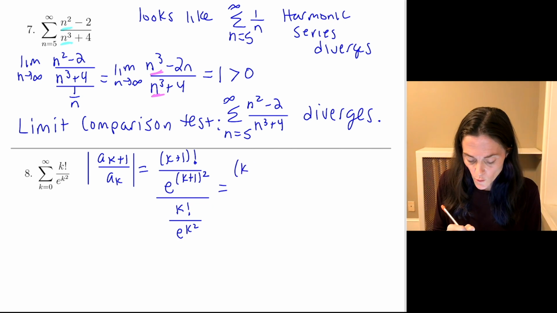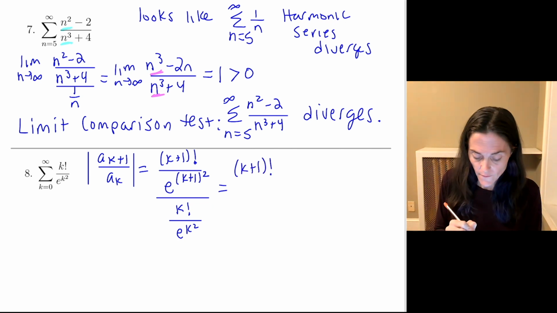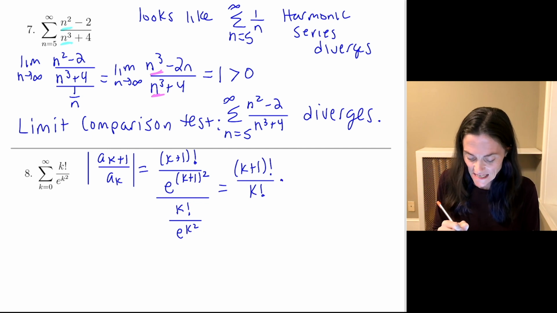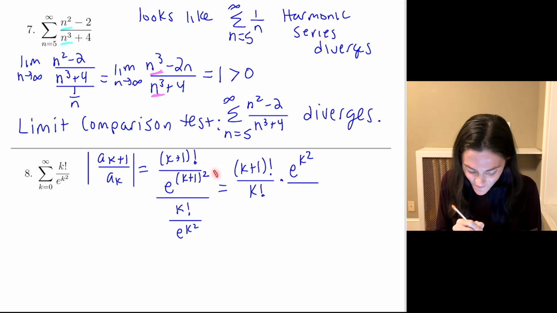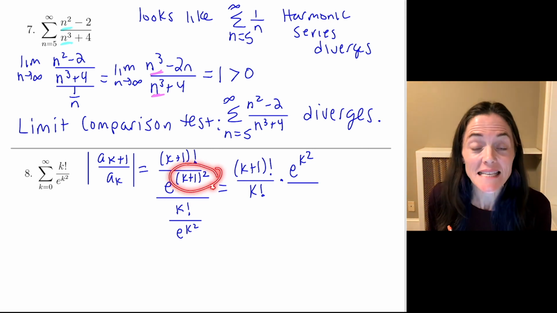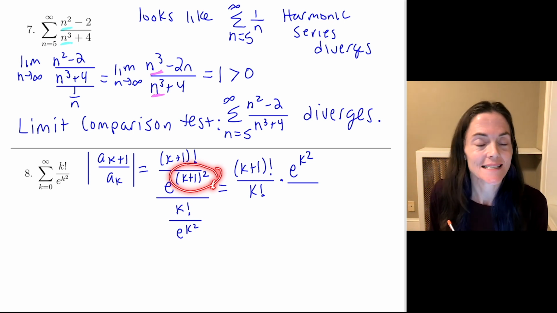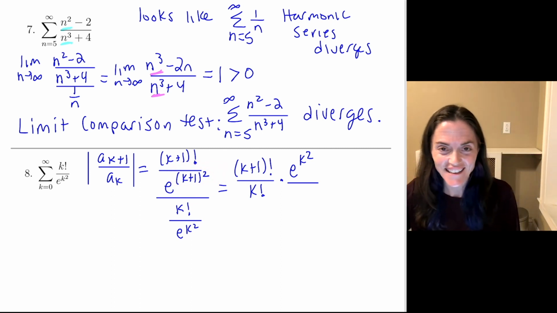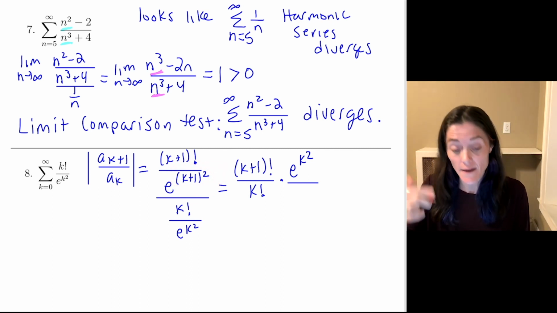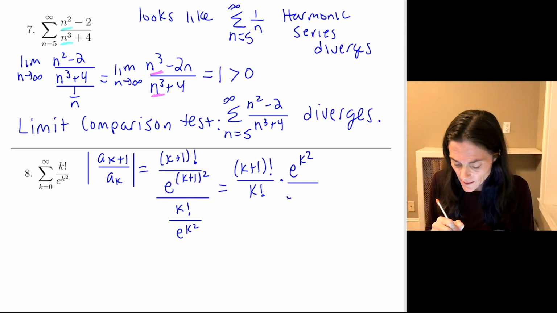So I have k plus 1 factorial divided by k factorial. Then I have an e to the k squared. Here's where I have to be careful. I'm going to multiply this out. This is k plus 1 squared, which is not k squared plus 1 squared. There's a first, outer, inner, last, right? So in my denominator, I have an e raised to the k squared plus 2k plus 1.